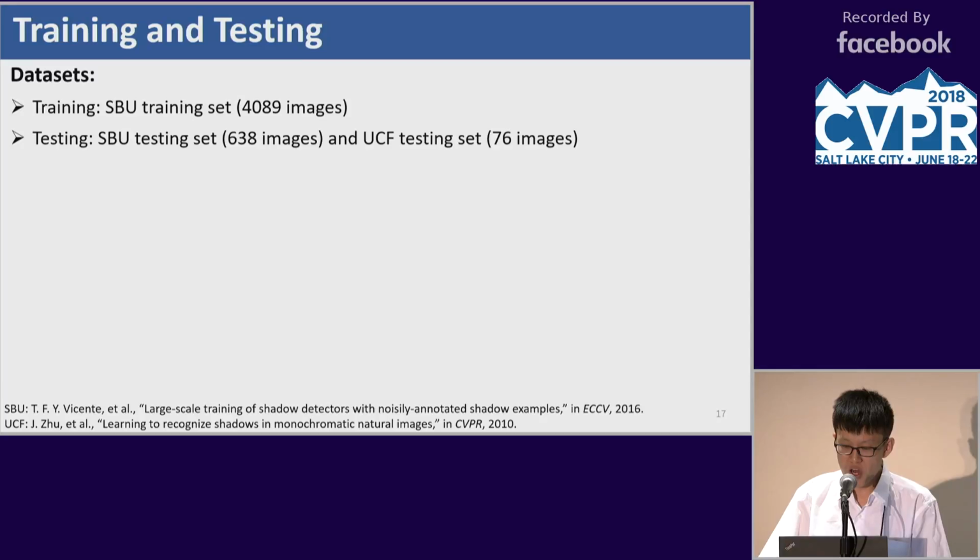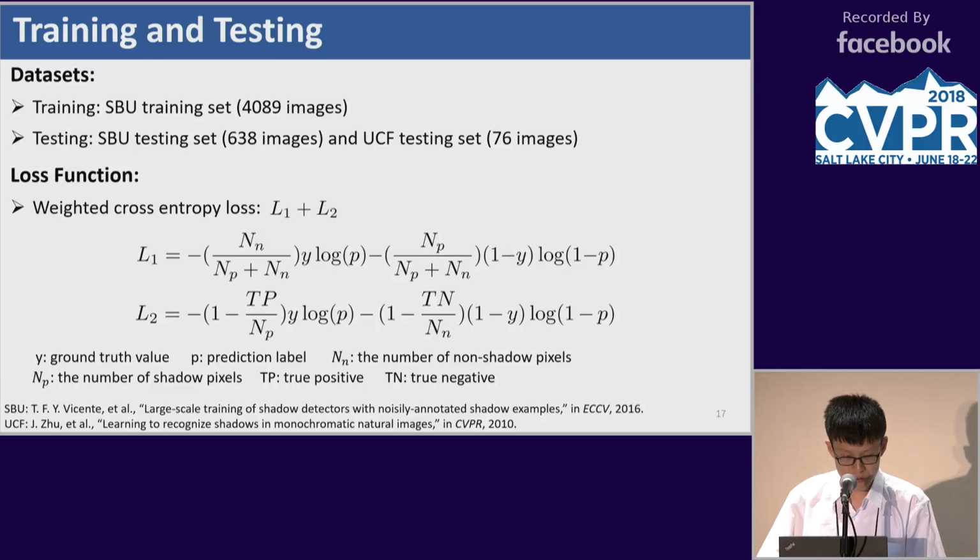We train our model on the SBU training set and test it on the other 2 datasets. We use the weighted cross-entropy loss to optimize our network. The loss is the summation of L1 and L2. L1 helps balance the detection of shadows and non-shadows. L2 helps the network focus on learning the class that is difficult to classify.